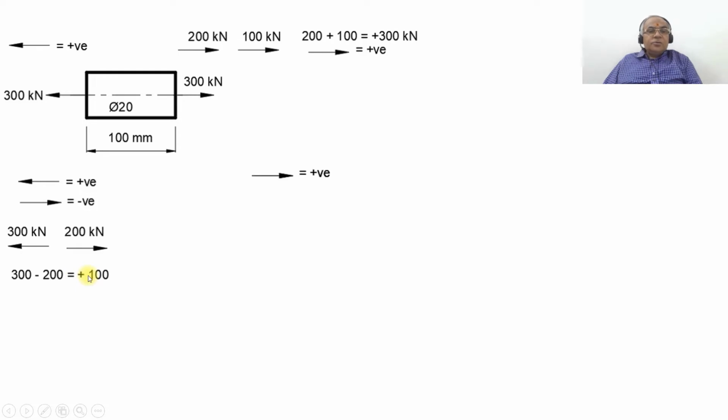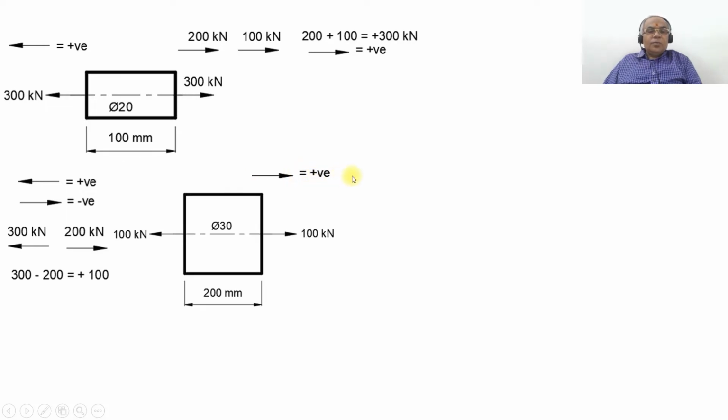Similarly, taking the right side, 100 kilonewton towards the right side is obviously tensile. So in both segments the load will be a tensile load. Here the diameter is 20 with length 100, and this diameter is 30 with length 200.